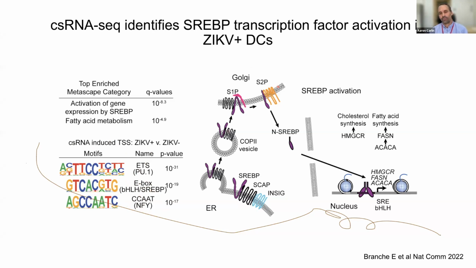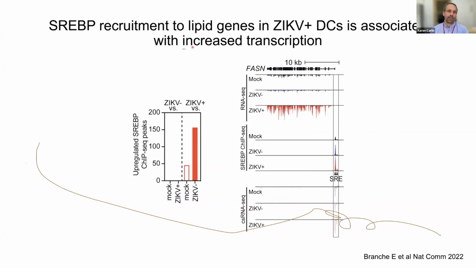And so really what we were seeing is this production of SREBPs, and then SREBP moving to sites where lipid genes were. So to confirm that, we used our same genomics integrated method, and we did ChIP-seq for SREBPs.